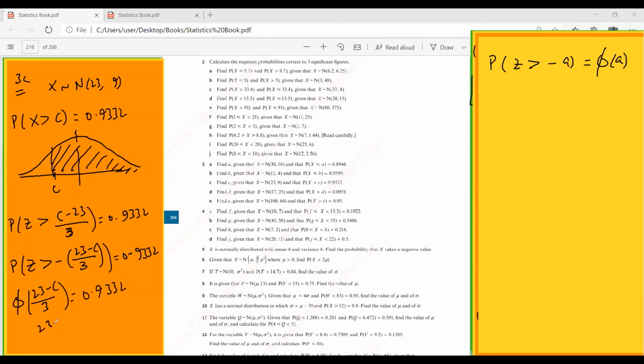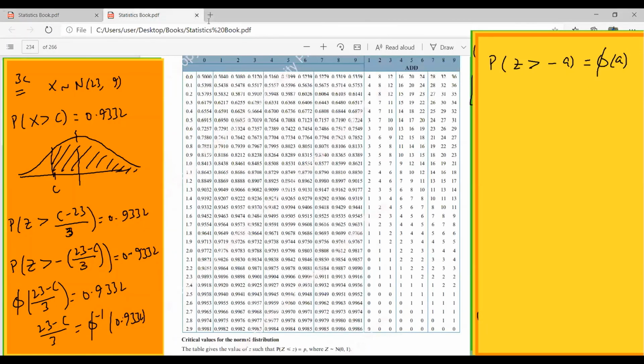So this 23 minus C over 3 is going to be phi inverse of 0.9332. Let's go to the table and see where we have this 0.9332. It is exactly here. This is 0.9332. That is exactly 1.5, okay?